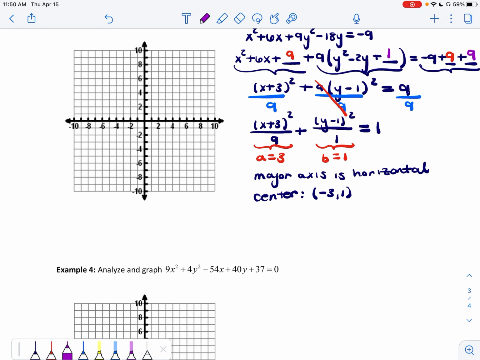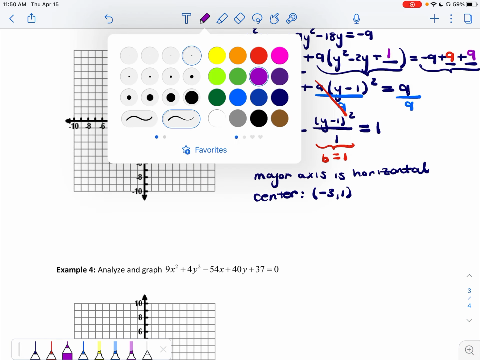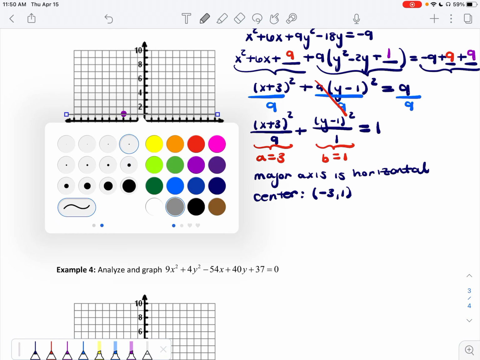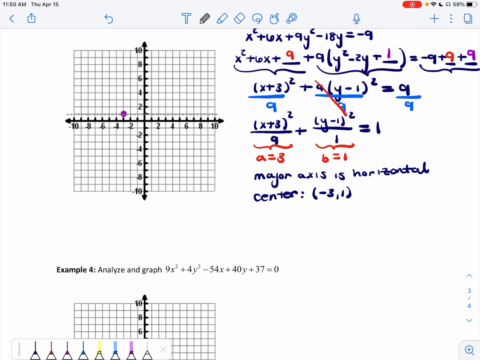All right, let's go ahead and start graphing this. So the center is at (-3, 1). Our major axis is horizontal, which means our minor axis is vertical. Okay, so major is horizontal, minor is vertical.